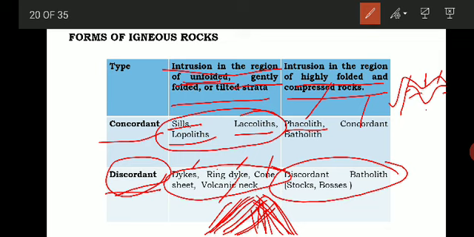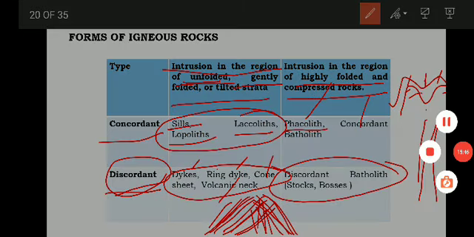Concordant forms are along the layers of the pre-existing rock, and discordant means the magma moves and cuts across the existing rock or the country rock. That is called discordant form. So these are all the different forms of igneous rocks.